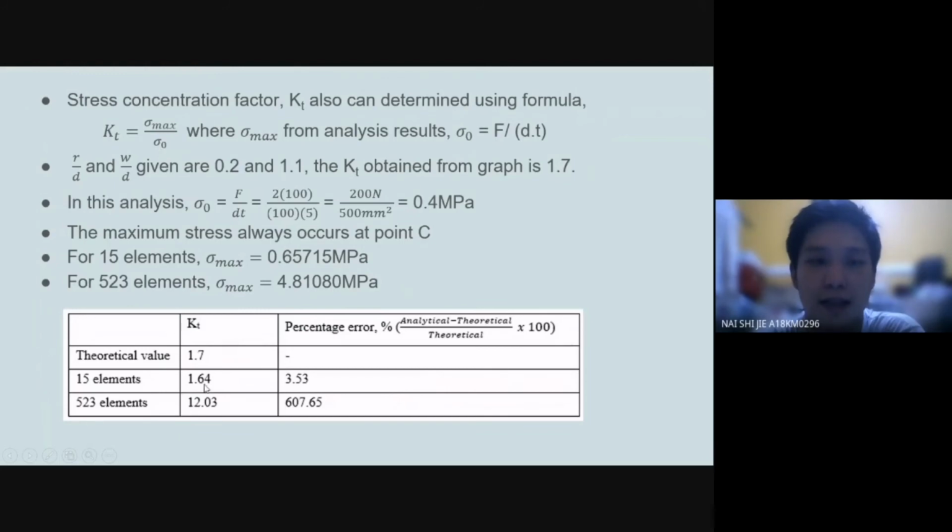And we obtain that the Kt for 15 elements is 1.64. The percentage error is 3.53%, relatively small. For 523 elements, we obtain a Kt of 12.03, and the percentage error is quite big, over 100%. This is maybe caused by an inappropriate assumption we made in the previous analysis.